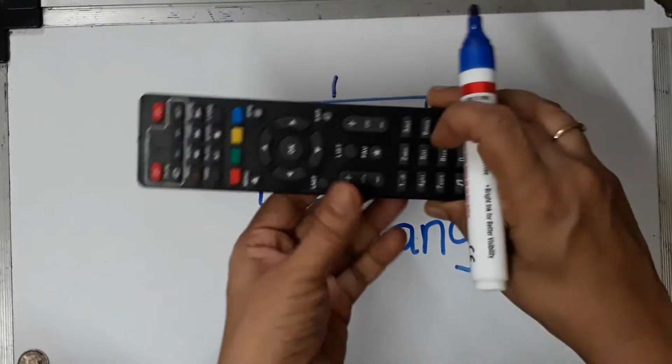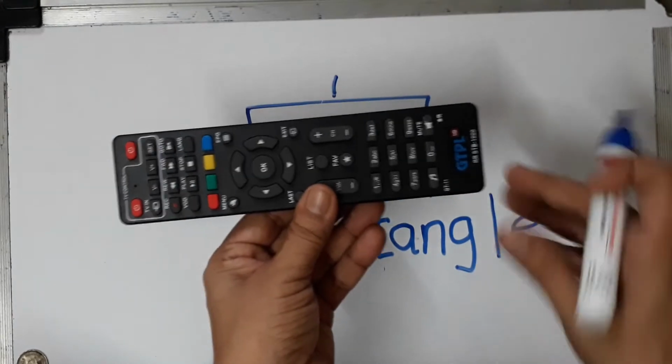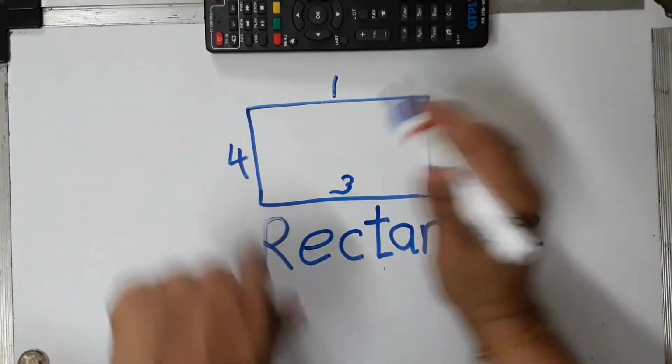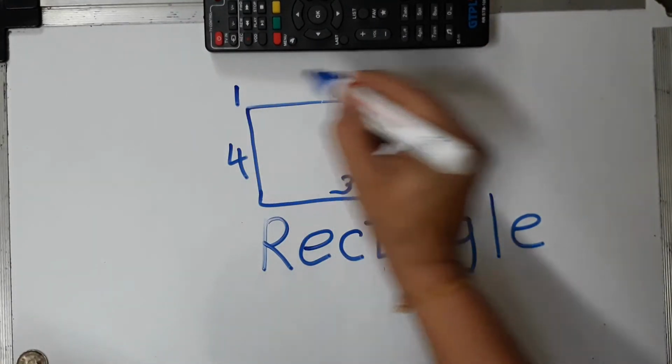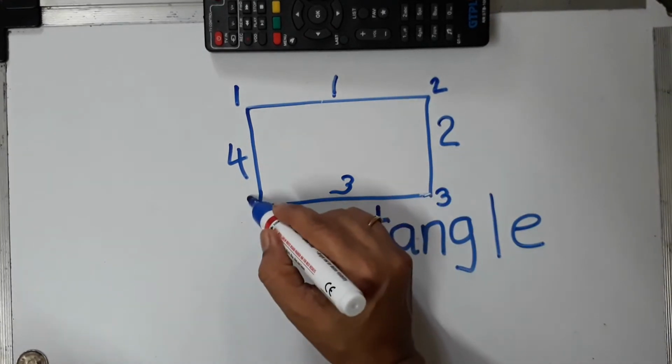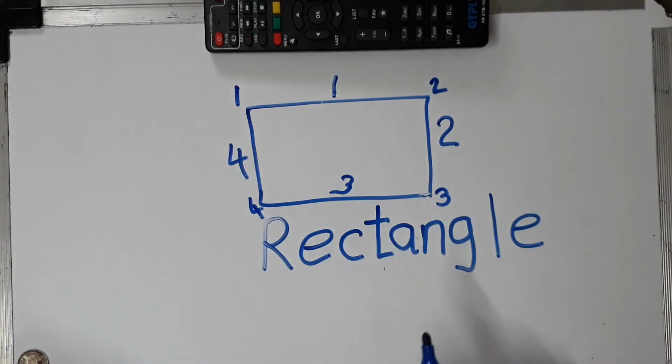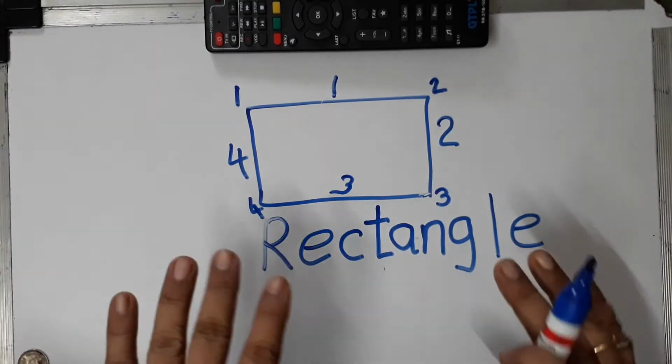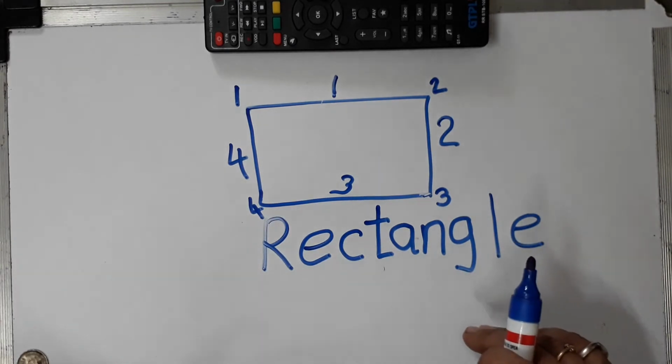This is called a corner. So how many corners does a rectangle have? A rectangle has 1, 2, 3 and 4 corners. Okay, so now you know what a rectangle is.